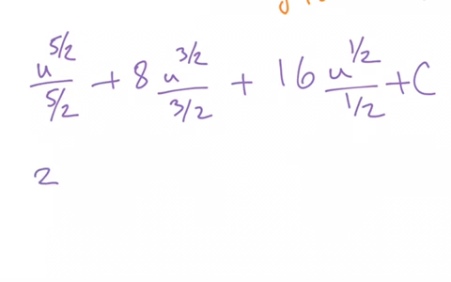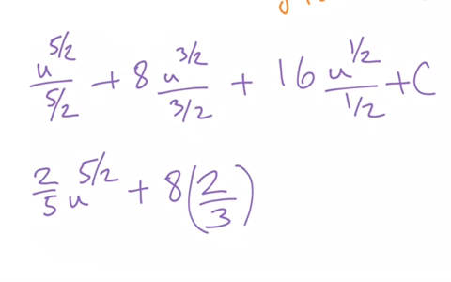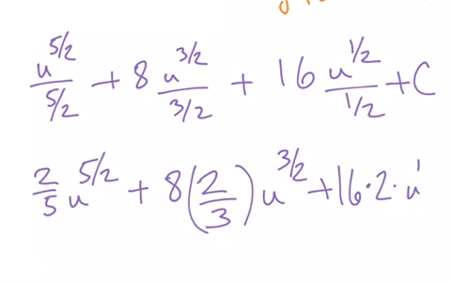Cleaning it up, we get 2/5 u to the 5/2 plus 8 times 2/3 times u to the 3/2 plus 16 times 2 times u to the 1/2 plus c.